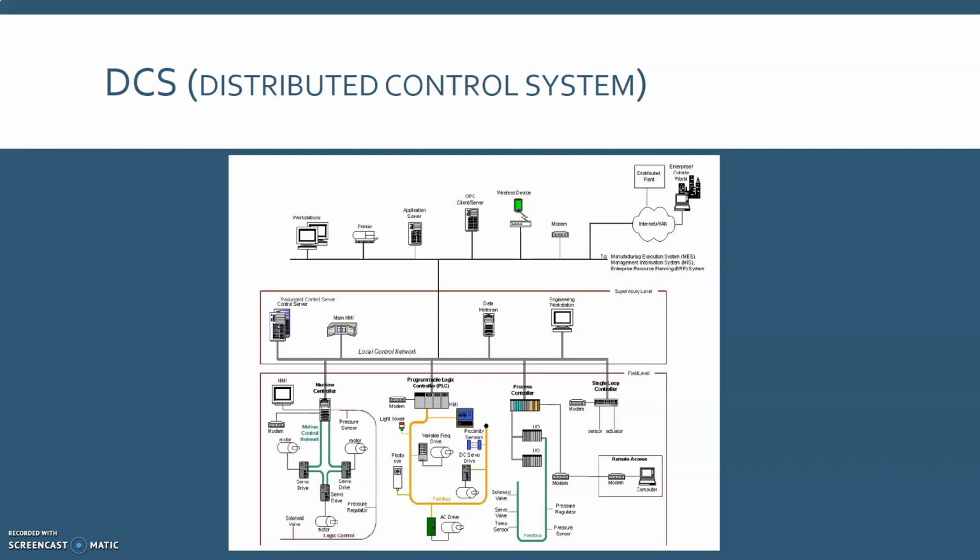A DCS uses a centralized supervisory control loop to mediate a group of localized controllers that share the overall task of carrying out an entire production process.